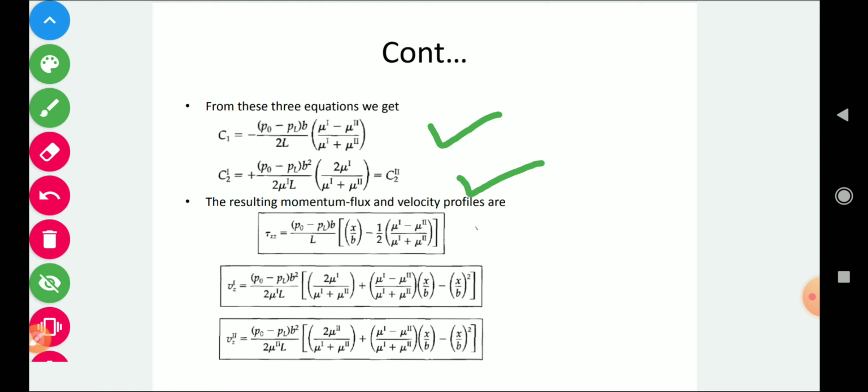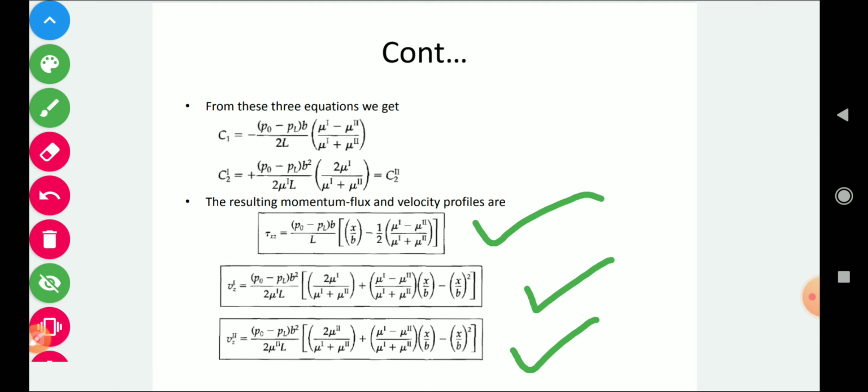If we put all these values in the velocity equation, we get the velocity of fluid 1 and the velocity of fluid 2. Similarly, if we put the value of constant C1 in the shear stress equation, finally we get the shear stress, which does not include any integration constant.